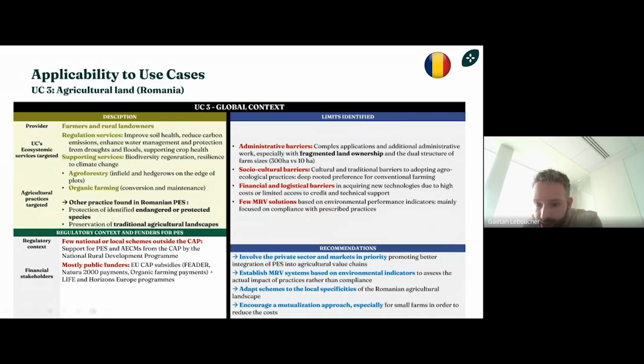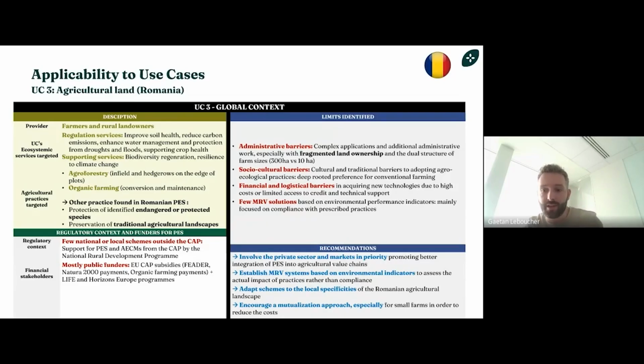As a recommendation, maybe the adaptation of schemes to the local specificities is a priority. In the Romanian agricultural landscape, we have very different cases for the farms, like big farms and small farms.